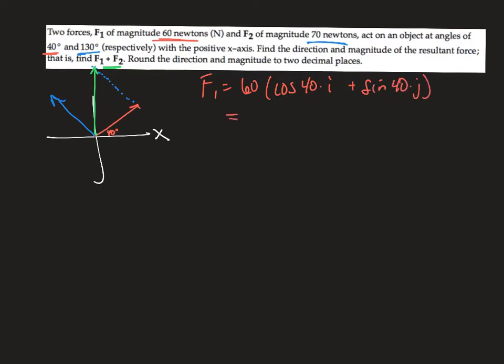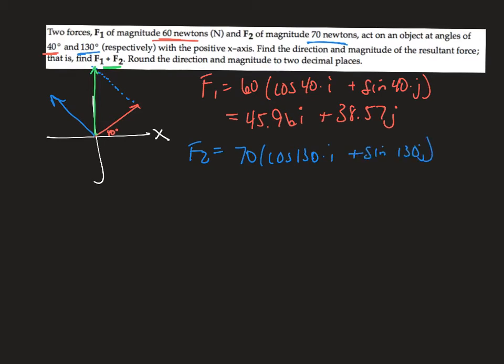When we get a decimal for that, we get 45.96 i plus 38.57 j. Then F2 equals 70 newtons times the cosine of 130 degrees times i plus the sine of 130 degrees times j. When we get our decimal for that, we have negative 45.00 i plus 53.62 j.